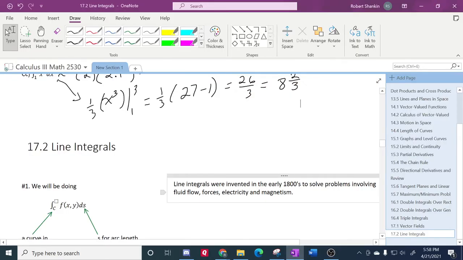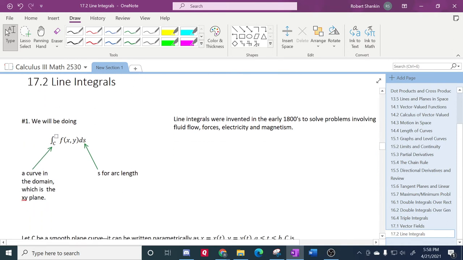17.2 line integrals. We will be doing these really strange integrals that look like this. And I couldn't get rid of this little box up here, so just ignore that. The integral along a curve C. Now, the curve is in the domain, which is the xy plane.